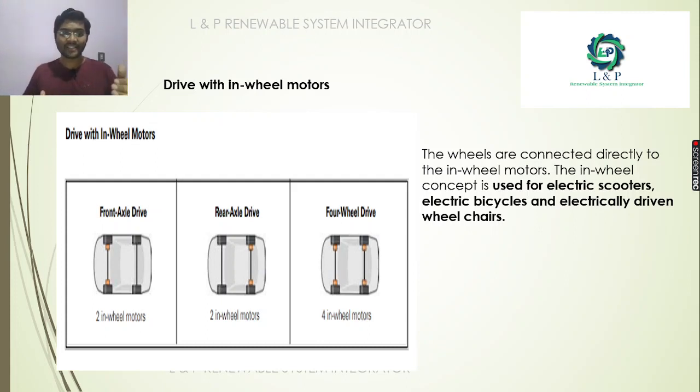In the front axle drive, the drive is installed on the front side wheels. In the rear axle drive type, it is installed on the rear axle side. And we have the four-wheel drive concept also. In this one, the drives are installed on both the front side as well as the back side.